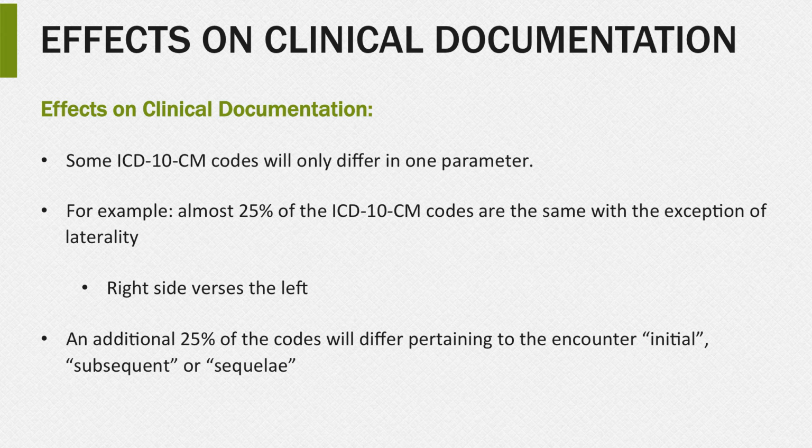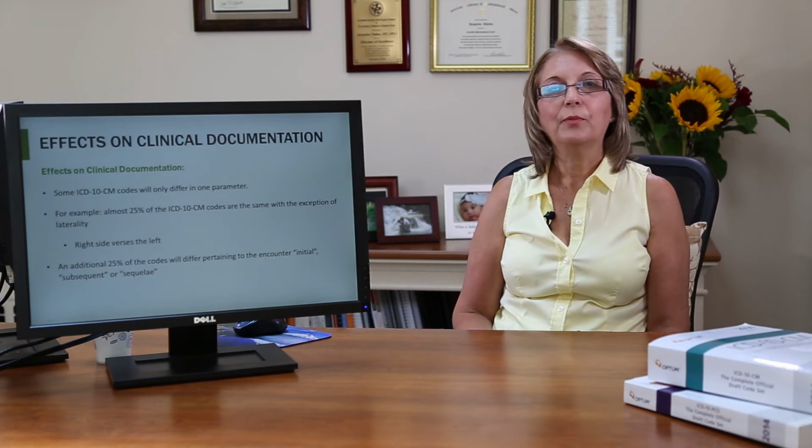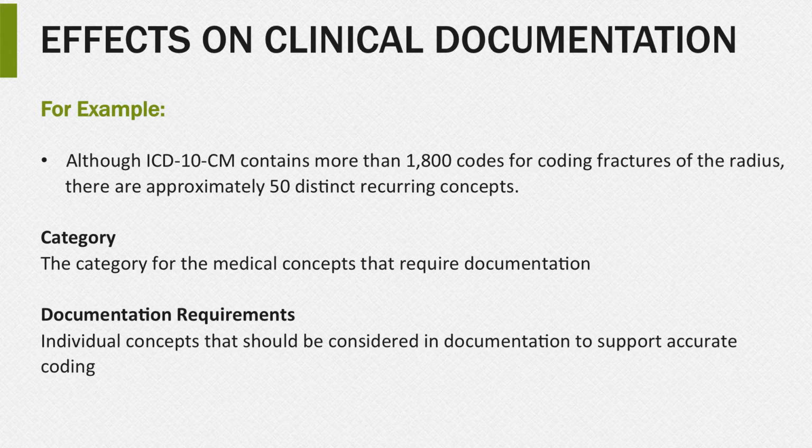Subsequent treatment is to be used once active care has been completed. An example would be aftercare, cast changes, or removal. And ICD-10 guidelines define sequela as the residual effect after an acute phase of an illness or injury. For example, a scar would be the sequela of a burn.